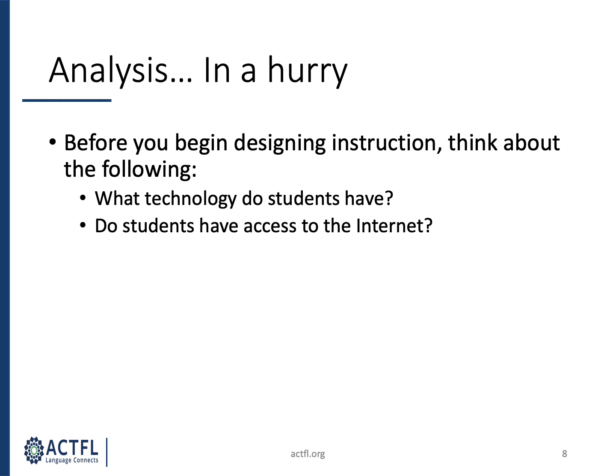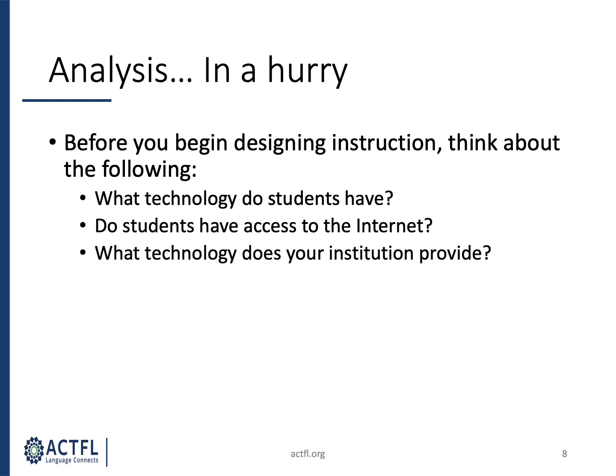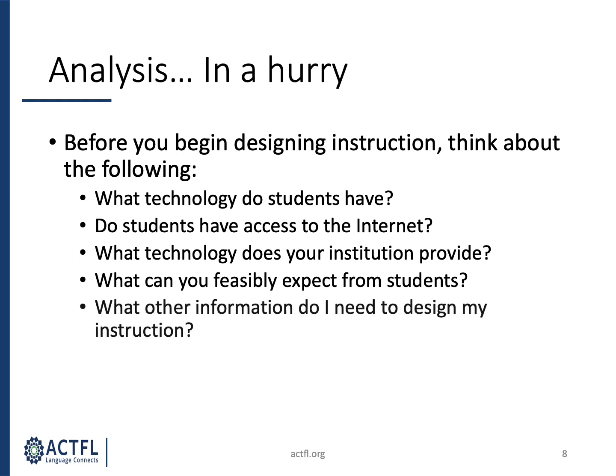Your students may have broadband internet access, or they may not. They may have data caps on their internet access. What technology does your institution provide? Chromebooks, textbooks? Maybe not much of anything at all in terms of digital technology. What can you feasibly expect students to do at this time? Finally, consider what other information you might need to design your instruction quickly.